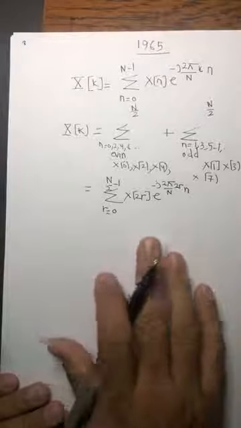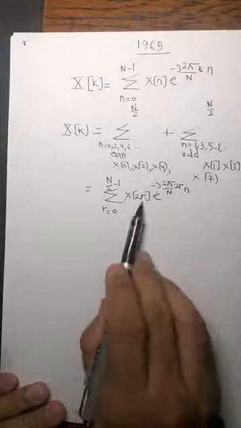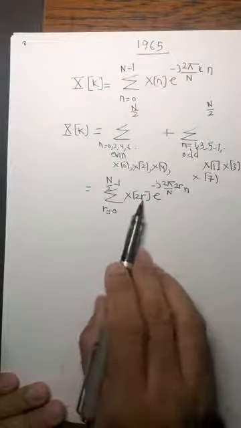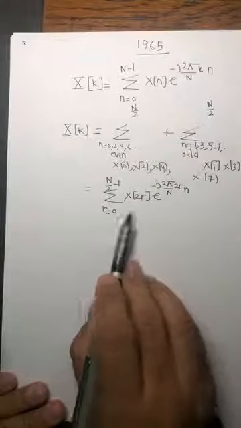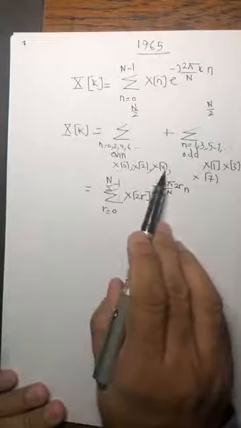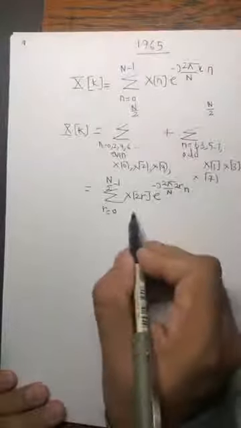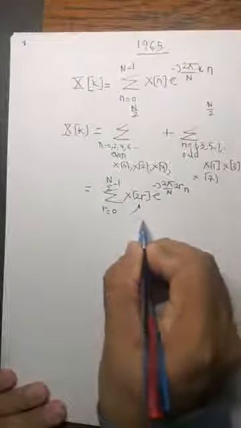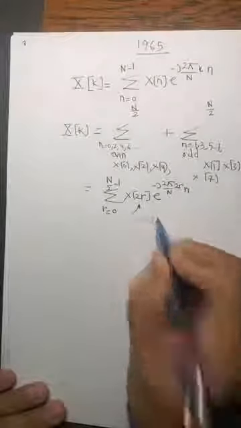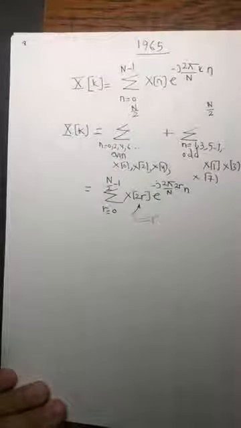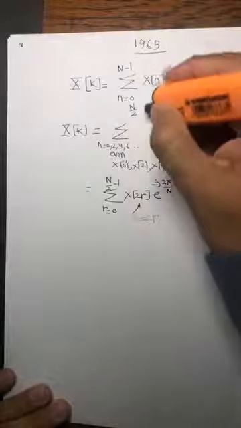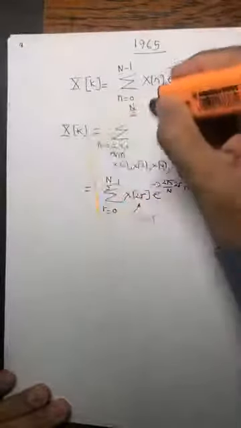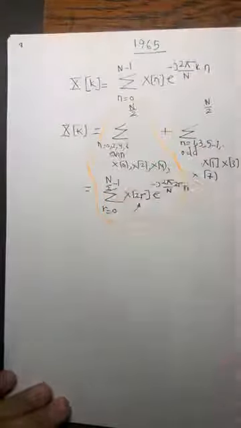Because once you put r equal to 0 you get 0, r equal to 1 you get 2, r equal to 2 you get 4, so you generate these indices. So k here is replaced by 2r, and this is one part of the divide.